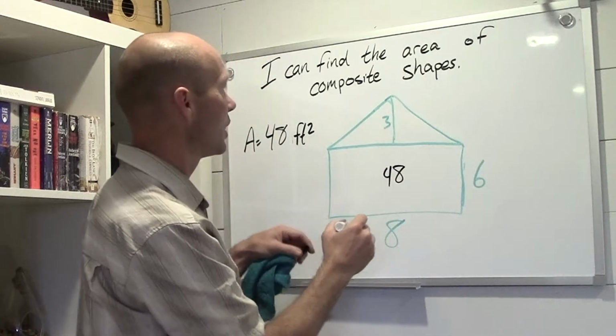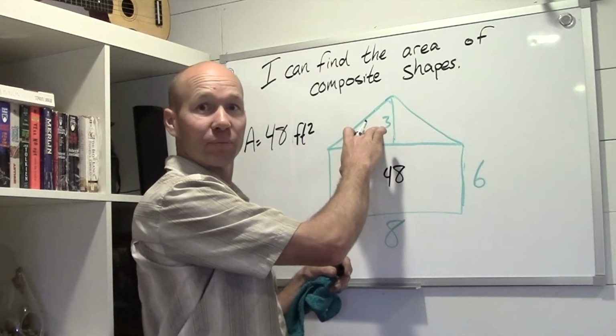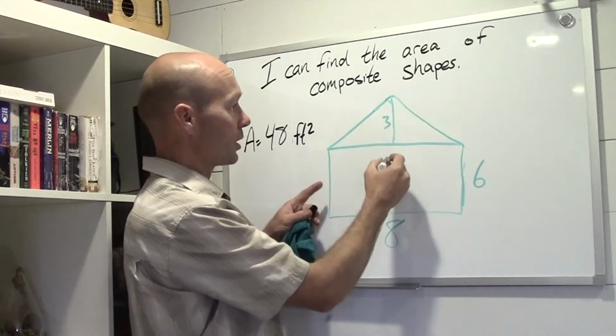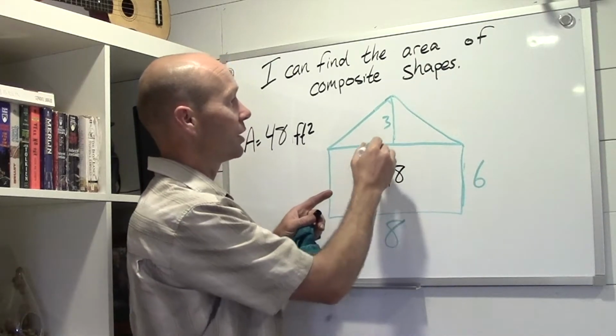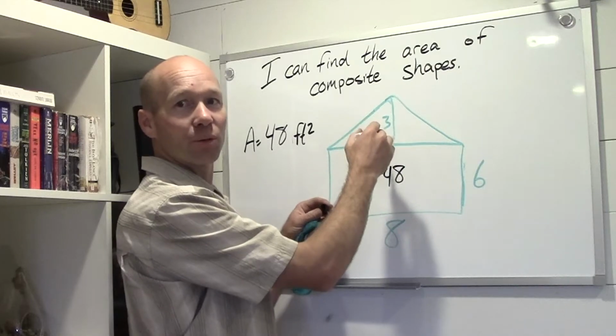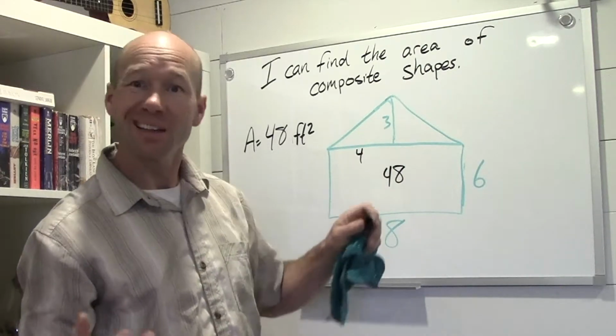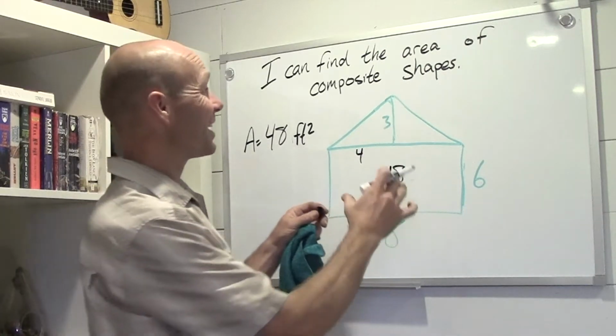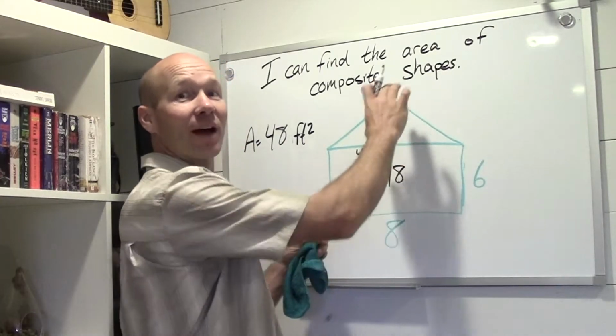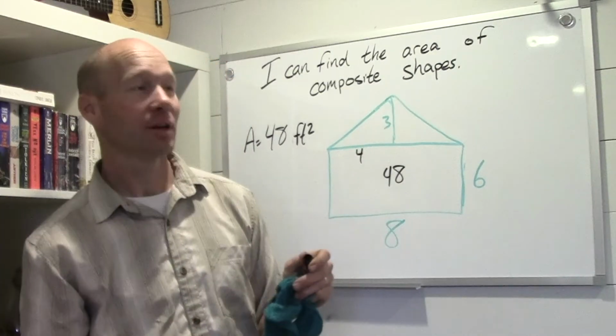Now how about this part right here? Well, if we know that this is in the middle, then this is 4 feet. And 4 times 3 is what? It's 12. But it's not 12 because a triangle is not base times height, it's 1/2 base times height.